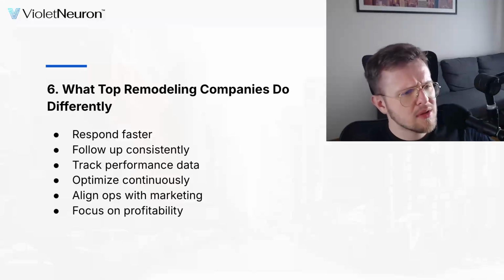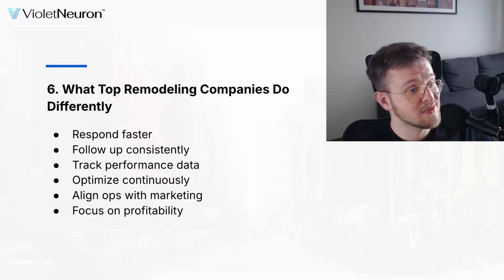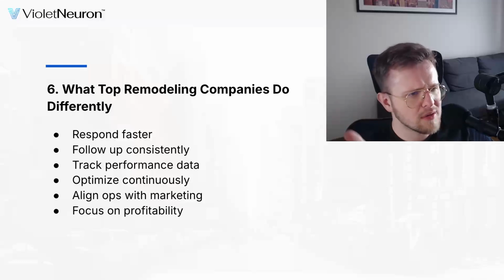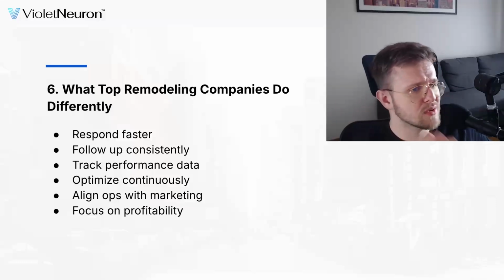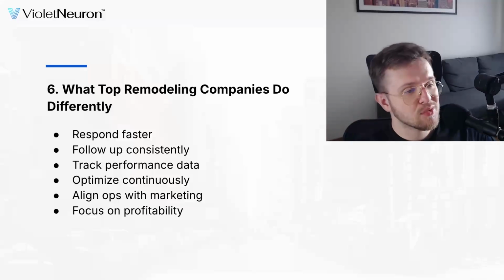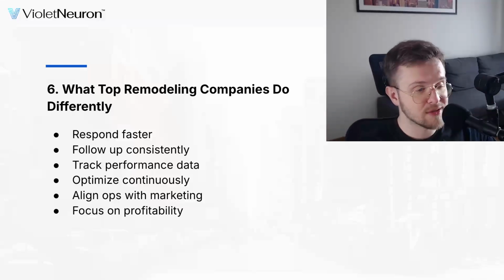So the top remodeling companies also make decisions based on data, which is super important. They track a lot of different KPIs like lead quality, consultation rates, keyword performance, and return on investment constantly. And that continuous optimization creates a major competitive advantage.